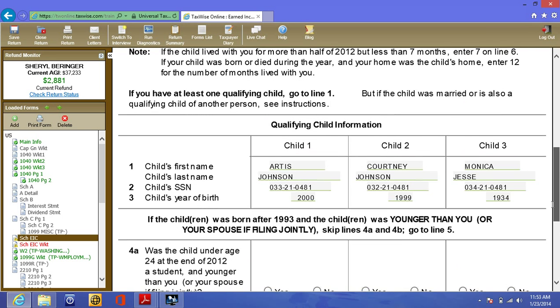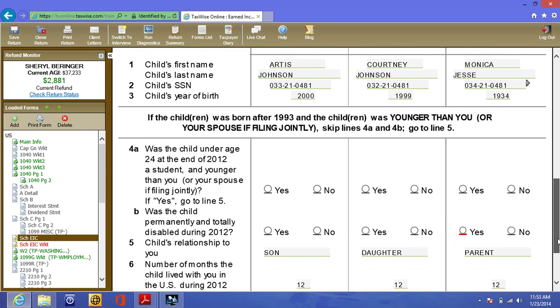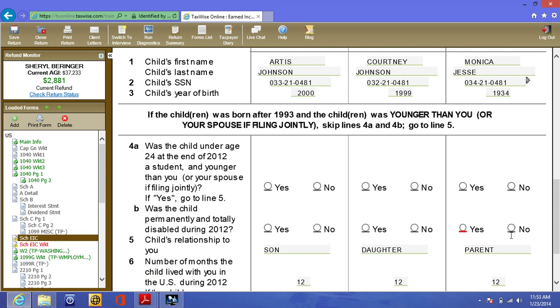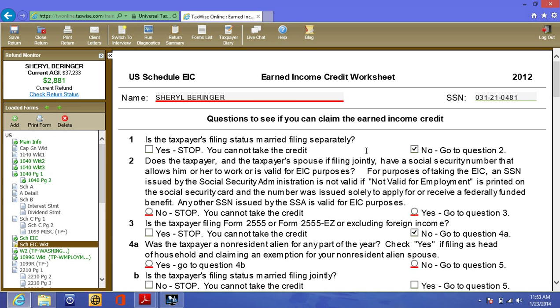So this is asking if Monica, which is her mother, was totally or permanently disabled. And the answer to that is no. So we're green. So we're going to go to the next sheet. And this should not be red.